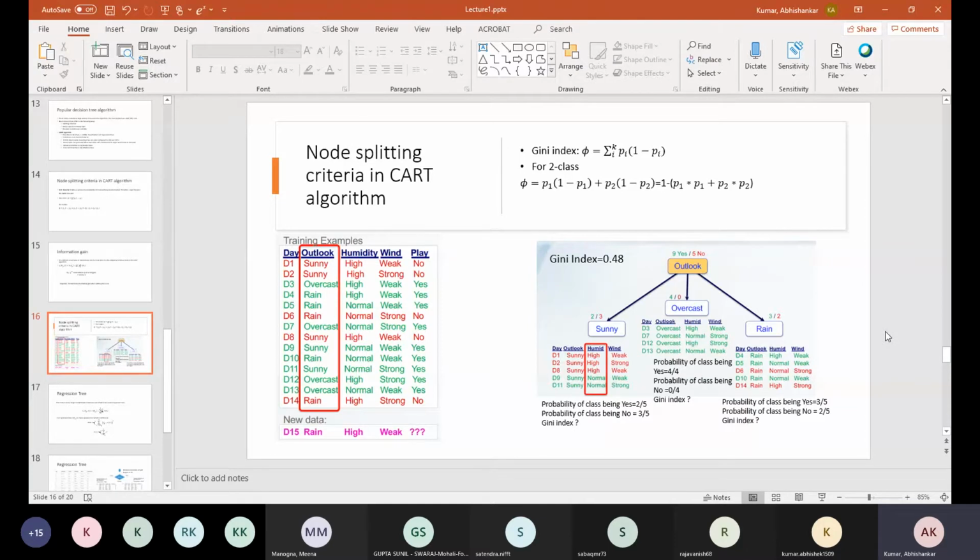And how did you calculate the probability of class being yes? By using basic probability, 2 is the favorable outcome and the total outcome is 5, so 2 upon 5 for yes, and likewise 3 upon 5 for no.